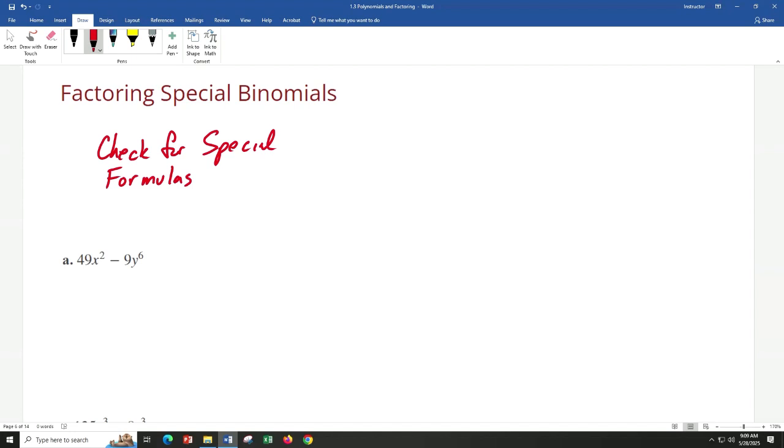Remember, we have some. We have a difference of squares. Anybody remember what that is? I literally just said it. A squared minus b squared, right? Is all equal to, what does that factor to? A plus b, a minus b, right?